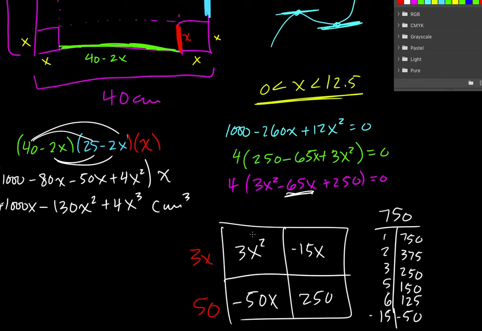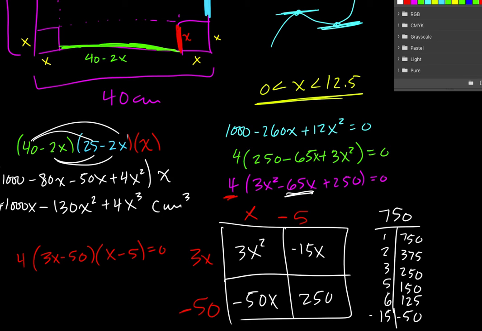Factor out this way, we just get x. And factor out this way, we get 5. Now, because there's a diagonal of negatives, we actually want to put negatives on both of those. And then we get 3x minus 50 and x minus 5. We still have our 4 from right here.